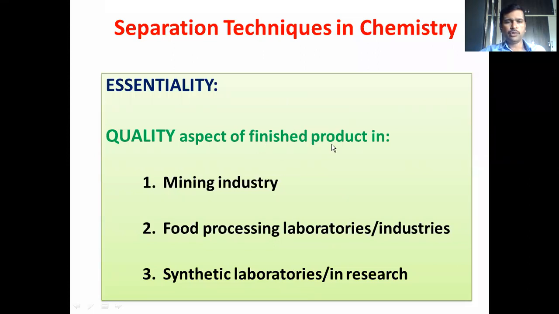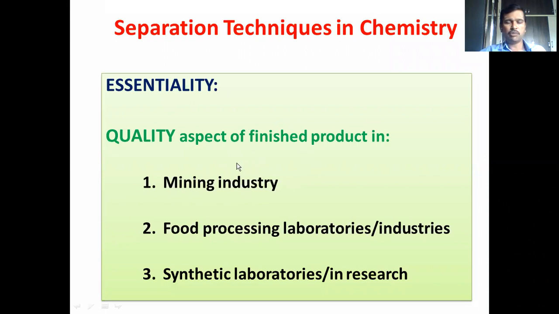So the purity or the quality aspect of the finished product is very, very essential in the mining industry. If you go to the mining industry, we will be using the ore sample. Ore is nothing but a mixture of more than one metal, or more than two or three non-metals, or any oxides or any sulfates, etc. So we are intended to obtain a metal in the free state.